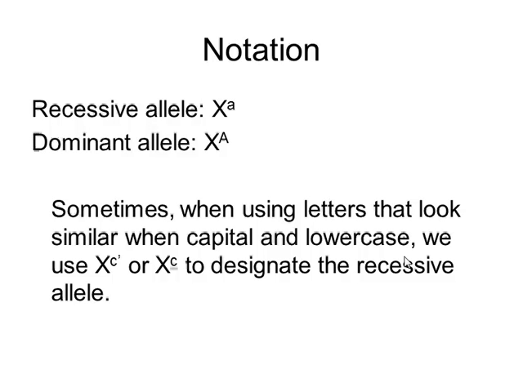This is a way of showing that this is a trait on the X chromosome. Therefore, males will only have one X with whatever letter, and then they'll have their Y, which won't have any letter on it, because the Y chromosome will not have that particular gene or allele.